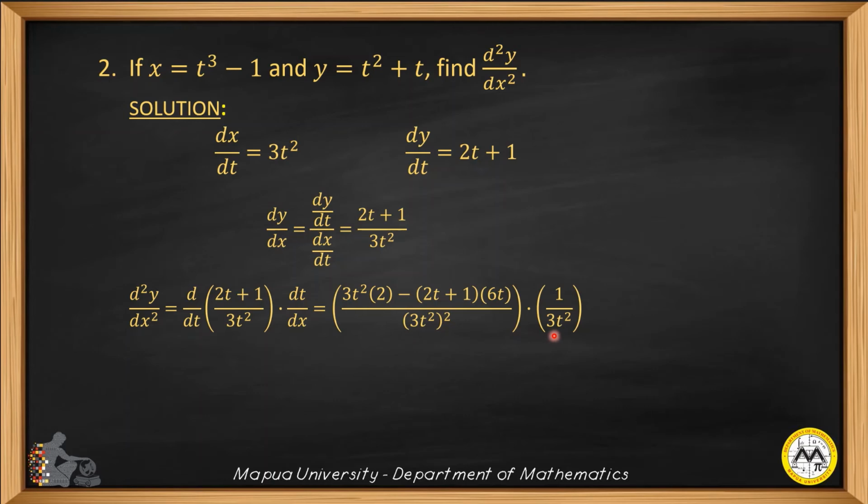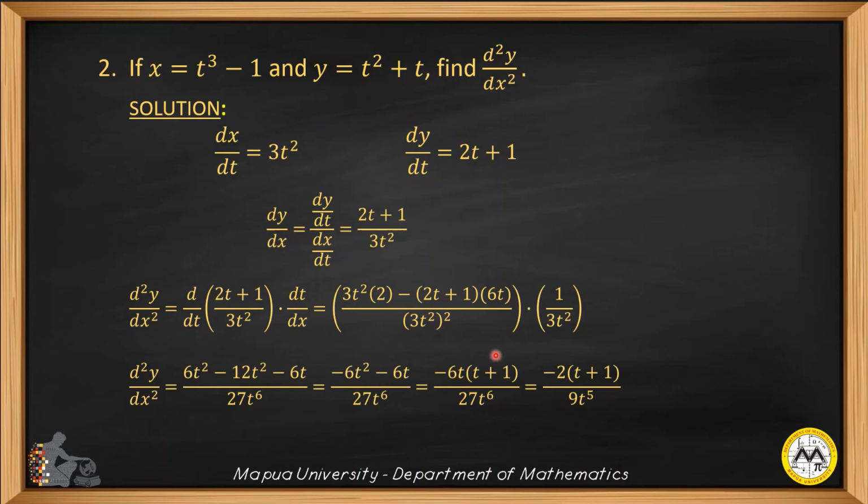Now remember, we said last time that dx/dt can be interpreted as a ratio of differentials, so that dt/dx will just be the reciprocal of dx/dt. And with dx/dt equal to 3t squared, dt/dx would equal 1 over 3t squared.